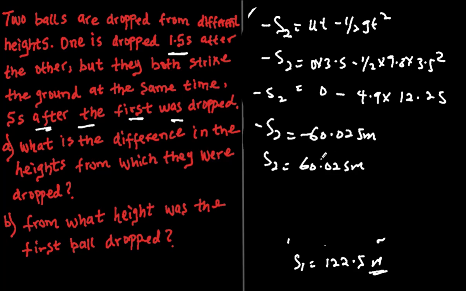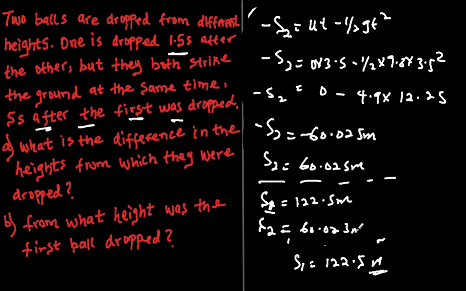Now we can find the difference in their height. We established that the height at which the first ball was dropped is 122.5 meters. The height of the second is 60.025 meters.